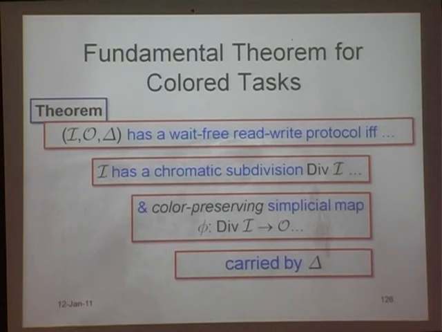I think that would be more elegant than going to simplicial maps and so on. But I don't have a nice, succinct way of doing it. Every formulation I can come up with is basically exactly the same as saying this chromatic subdivision, except even worse.